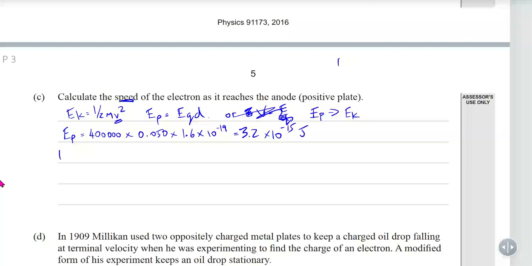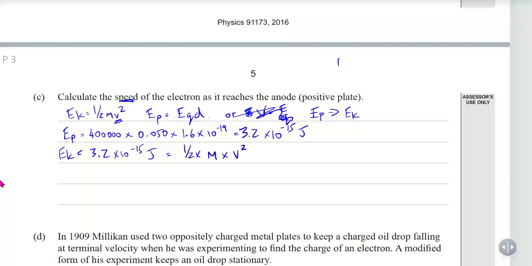So EK equals 3.2 times 10 to the minus 15 joules. That's that key piece of physics, that that's what the EK is, and that equals half times m times V squared. Now let's start working this out.